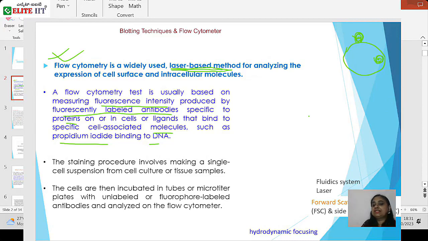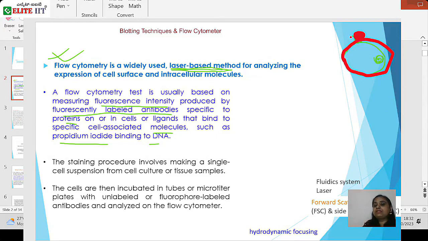You just understand that if you want to identify a cell surface protein, consider this as the antigen cell, one cell. If you consider a bacterial cell or a viral cell, on the surface of the cell there should be some epitopes, right? Different epitopes may be there.